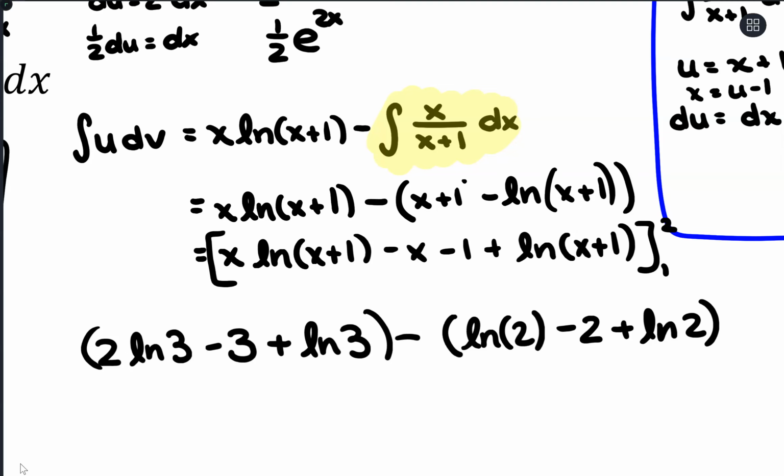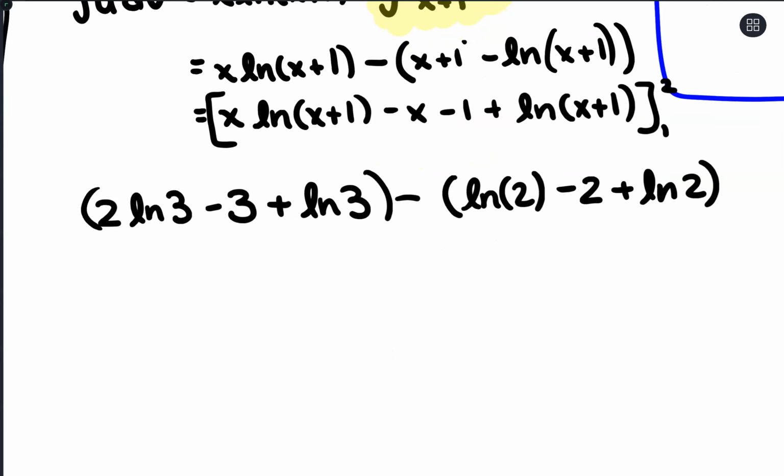And we'll go ahead and plug that into a calculator. So, with that, 2 natural log of 3 minus 3 plus natural log of 3 minus natural log 2 minus 2 plus natural log of 2 is about 0.91-ish.